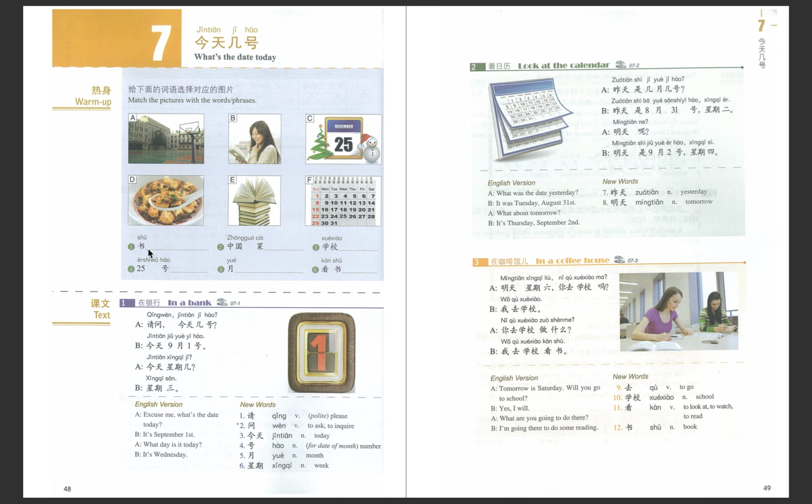Warm up. 书 book. 中国菜, 中国 China, Chinese, 菜 meal, dishes, so Chinese dishes. 学校, school. 25号. How do you say 25?